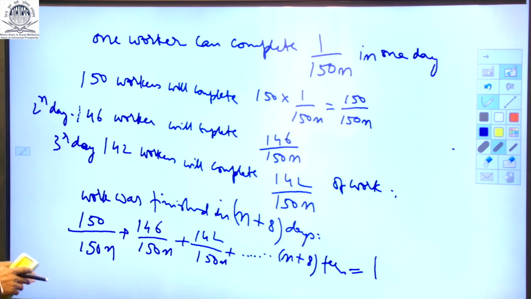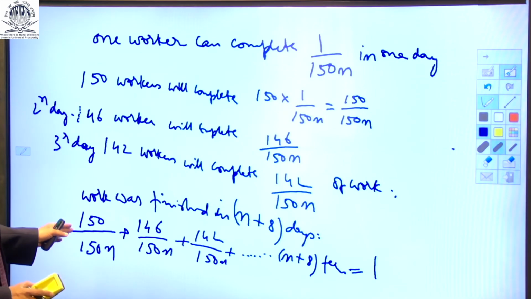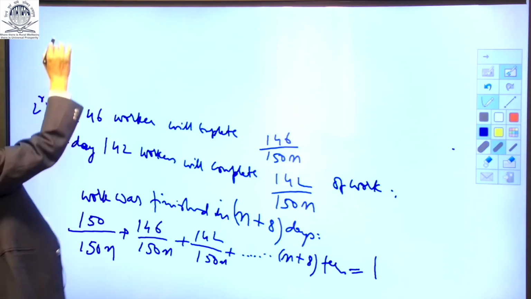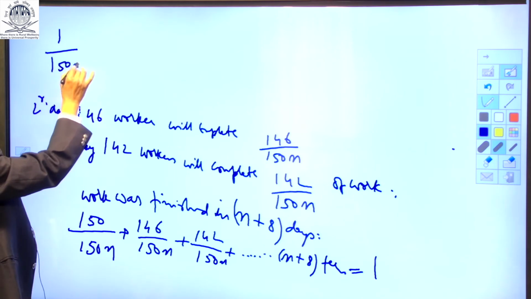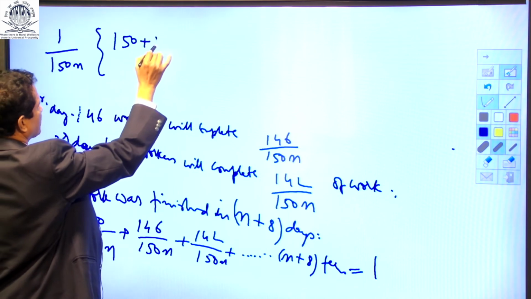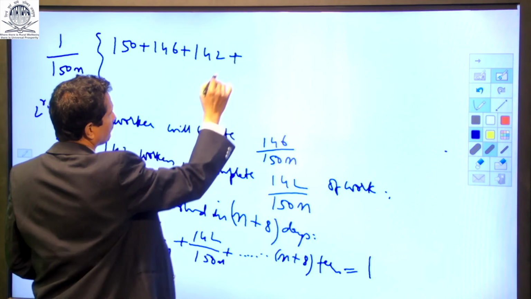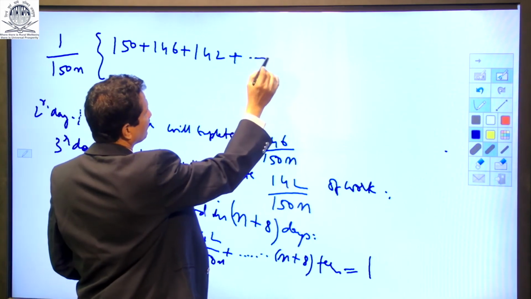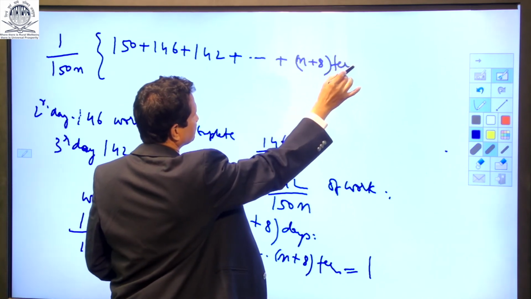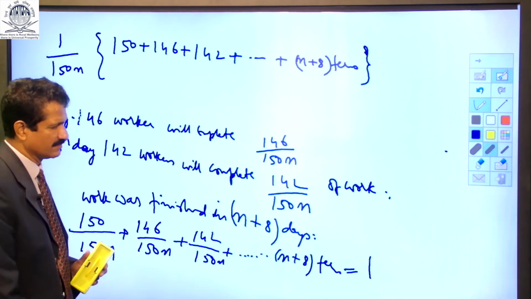Now, very clearly we can see that this is an AP, an arithmetic progression. What is common in all of this? 1 by 150n. I take that as common, and this becomes 150 plus 146 plus 142 and so on till n plus 8 terms.